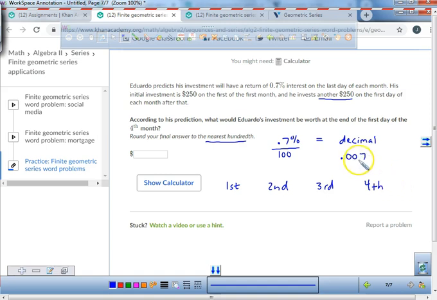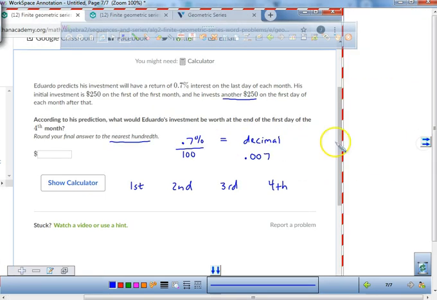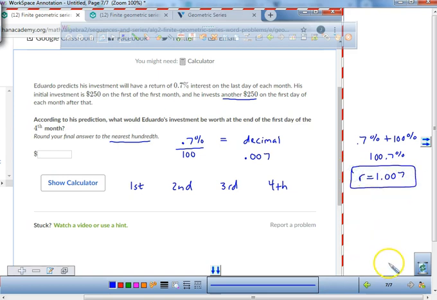Now we're going to add that to what you already have in the bank, which is 100%, which is 100.7%. So this has a decimal. Our R value is going to be 1.007. That's our R value.